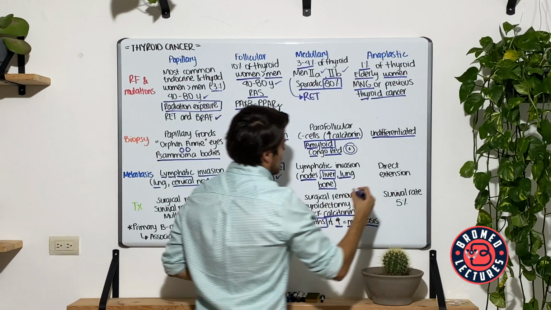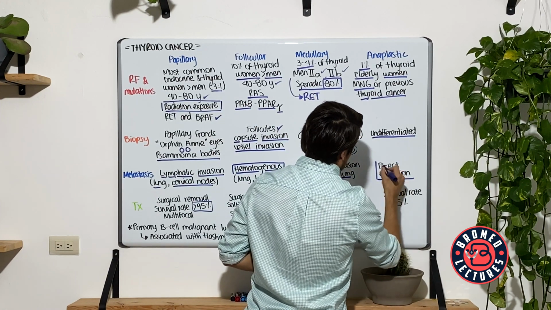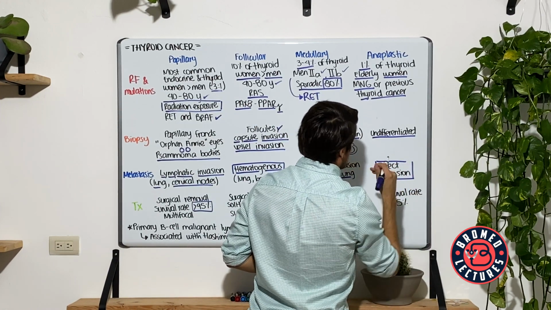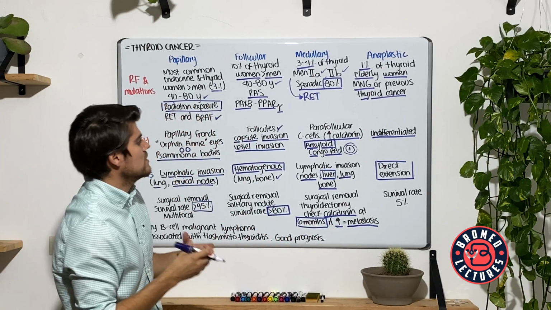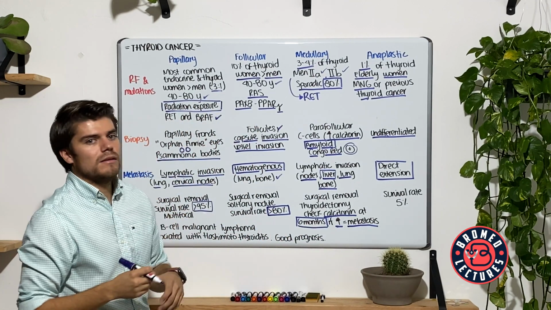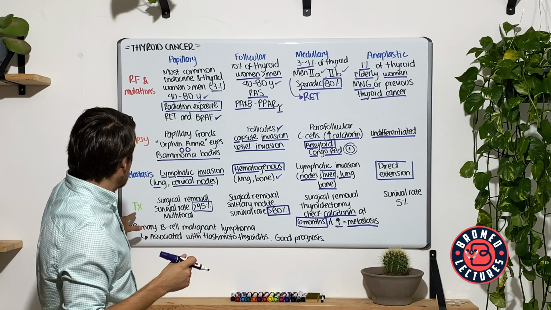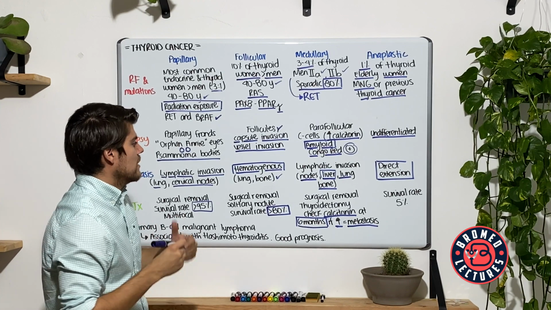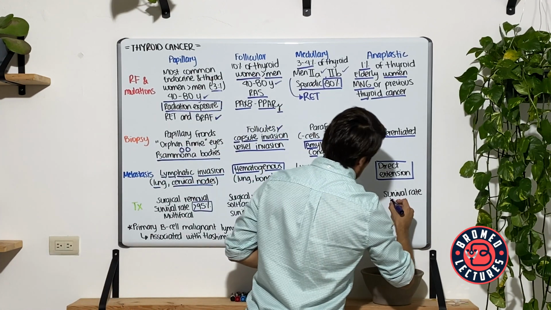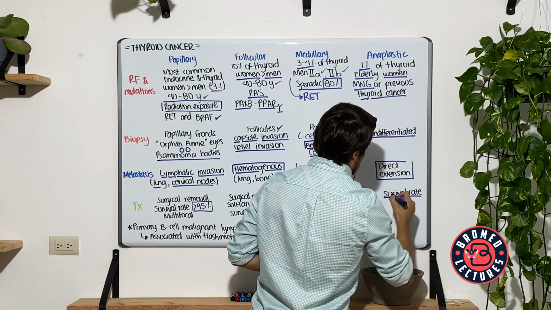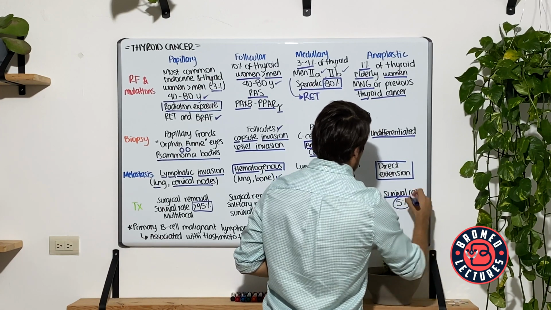Metastasis, this one goes by direct extension. It actually grows super fast. It generates an enlarged thyroid gland massively. And the thing with this one is that even with resection, the survival rate is pretty low, with 5% at 5 years.